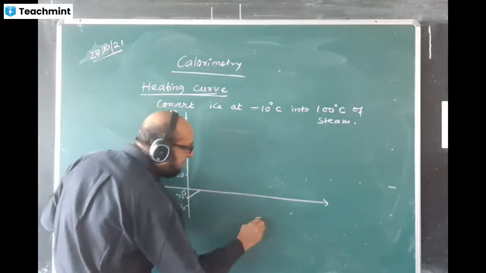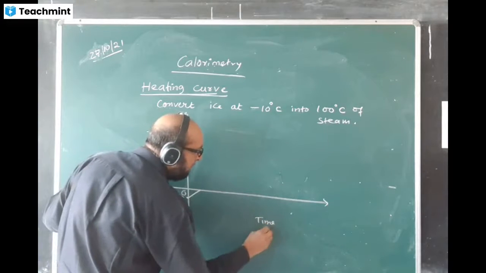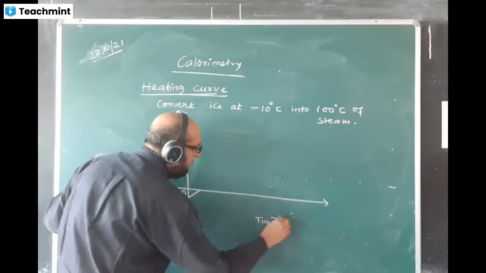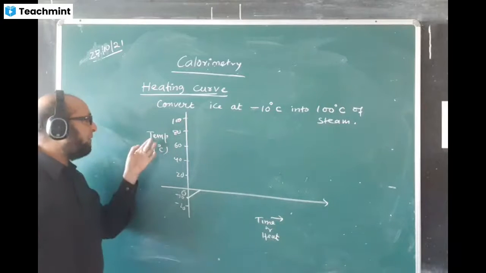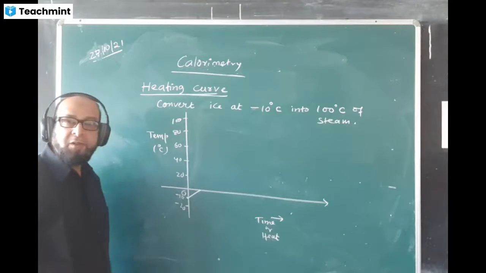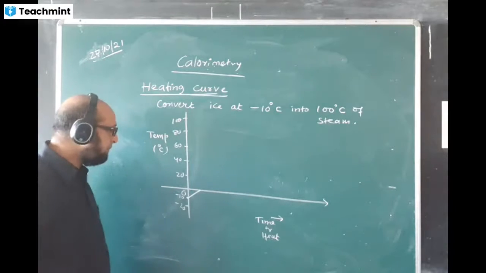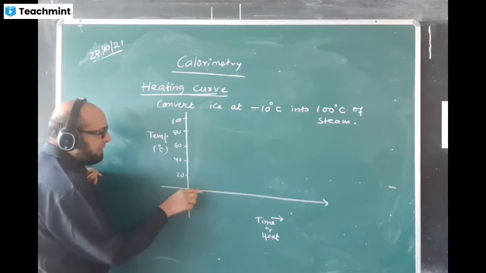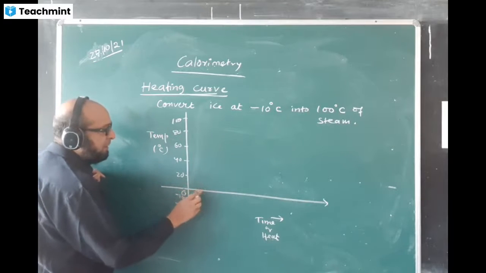And here I will write either time or quantity of heat. You are drawing the graph of temperature versus time, or temperature versus quantity of heat. Now ice has come from minus 10 to 0 degrees Celsius. Now ice will start melting.